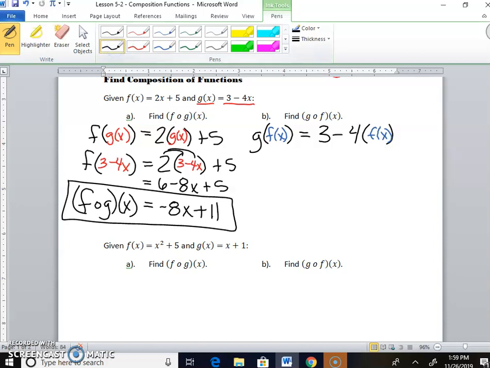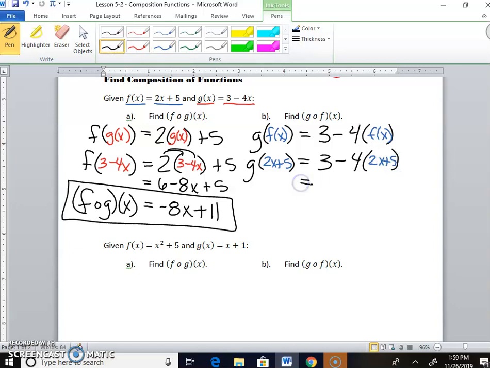Okay? So what is my f of x? Well, if I look, f of x was 2x plus 5, so g of f of x is g of 2x plus 5, which means that this is going to be 3 minus 4 times 2x plus 5. Okay?